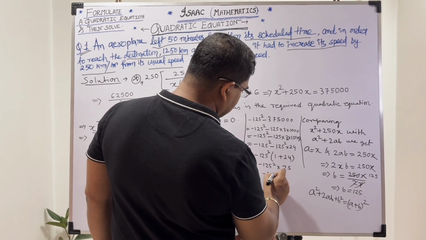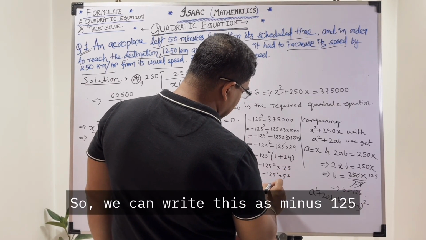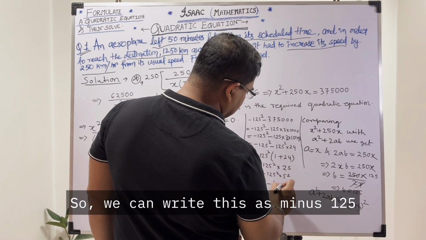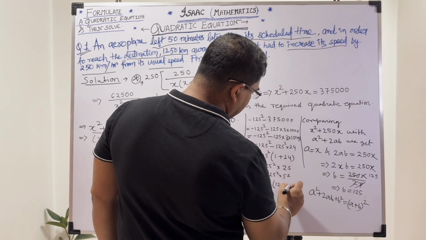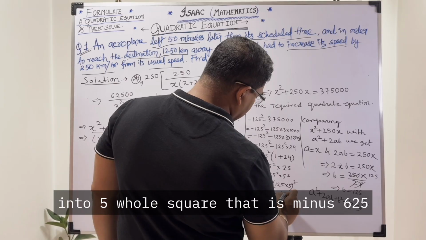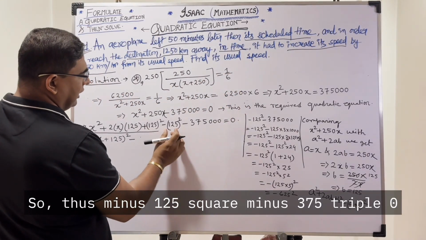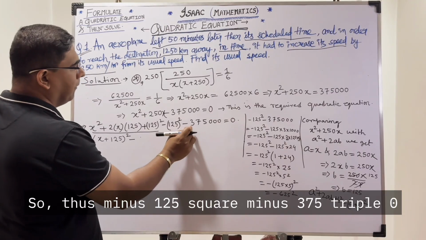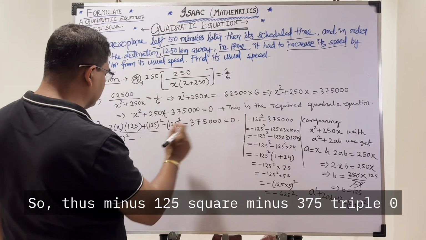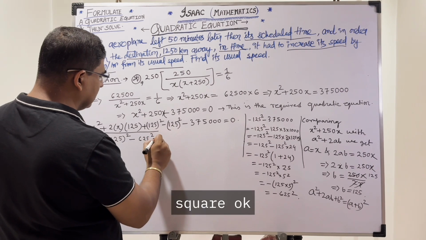This is minus 125 square into 5 square. So we can write this as minus 125 into 5 whole square. That is minus 625 square. So thus minus 125 square minus 375,000 becomes minus 625 square.